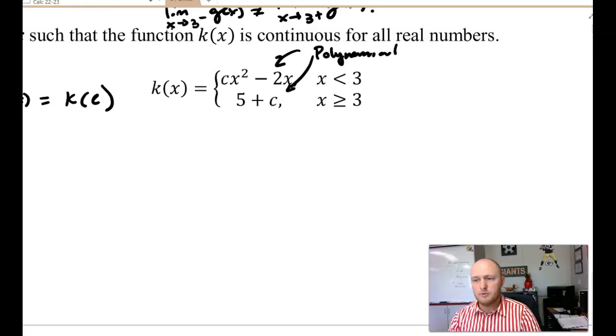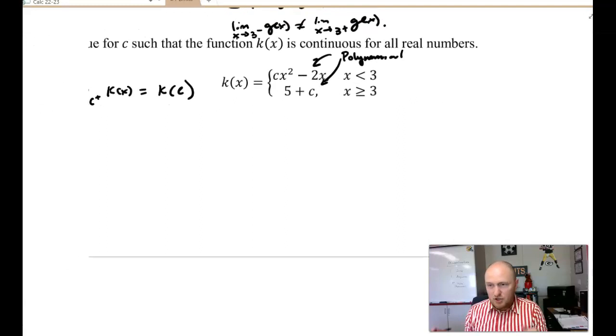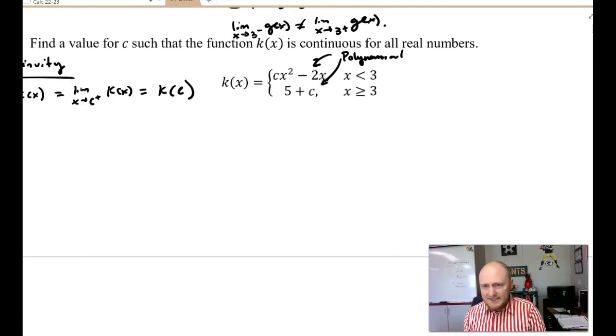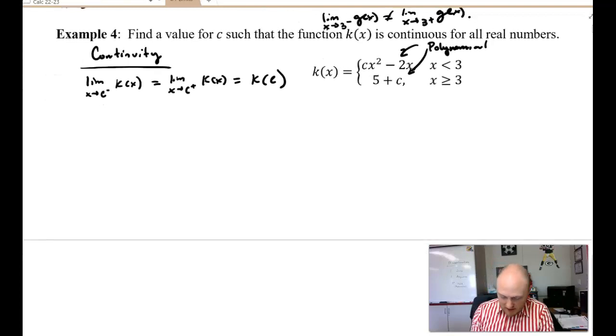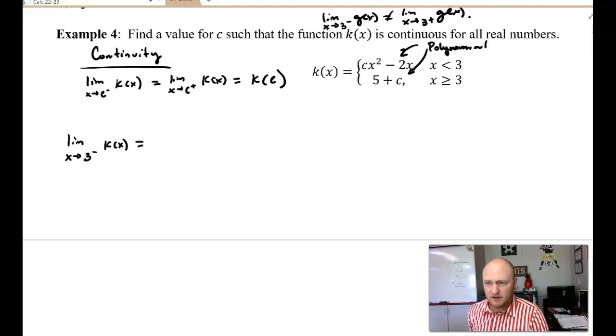That's also a polynomial, continuous everywhere. The only value that I am concerned about is at 3, and they want it to be continuous. So if it is continuous, here's what they're saying. Well, the limit as x approaches 3 from the left of k of x, I'm going to find that really quickly.